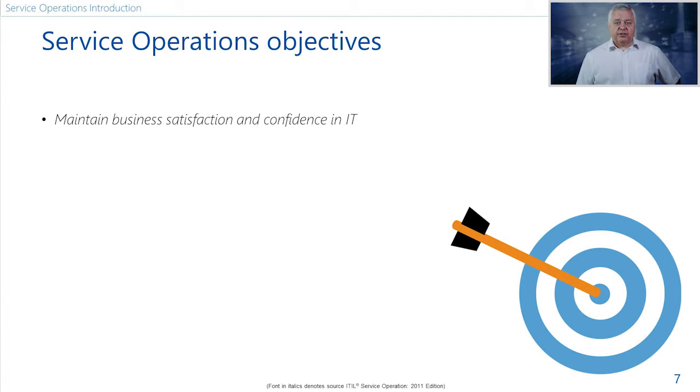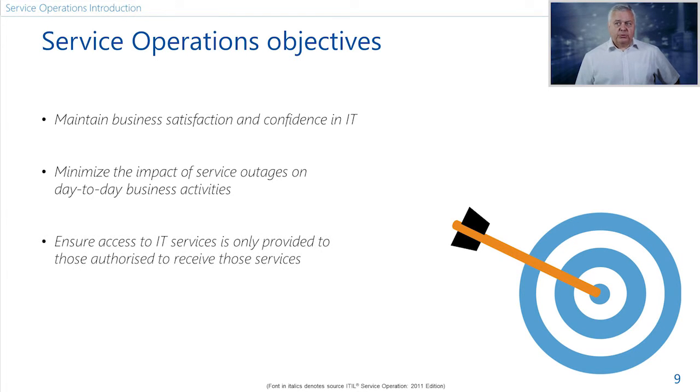So the key objectives of service operations as a life cycle stage is to maintain business and user and customer satisfaction of IT, because IT is at the heart of all organizations, and to minimize the impact of service outages. So when things do go wrong in IT, operations is there to monitor, react, resolve, and rectify any issues that are causing downtime or inconvenience to the business.